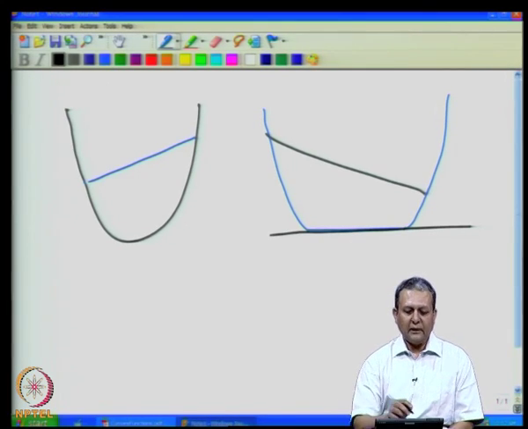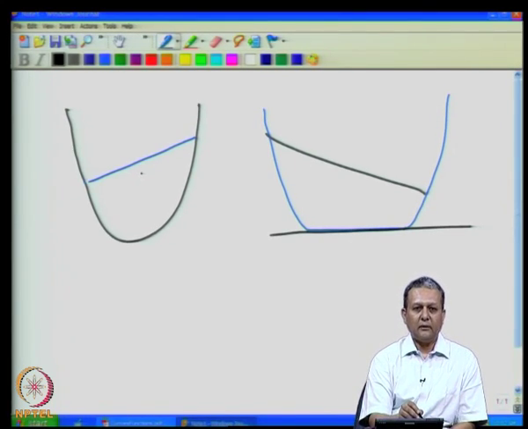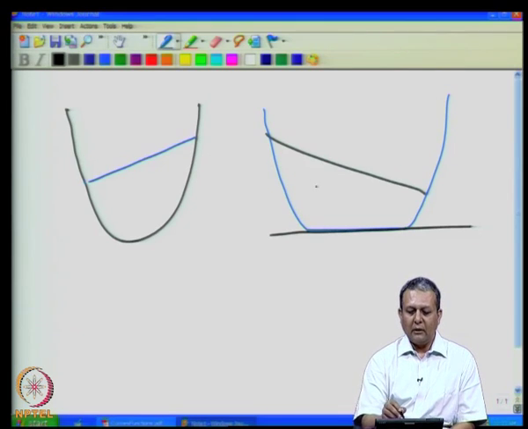So, if you take any point on the line segment joining these two, the value of the function will always be less than the value obtained here. Here also it is similar, and here if you take any point, the value of the function will always be on the chord.